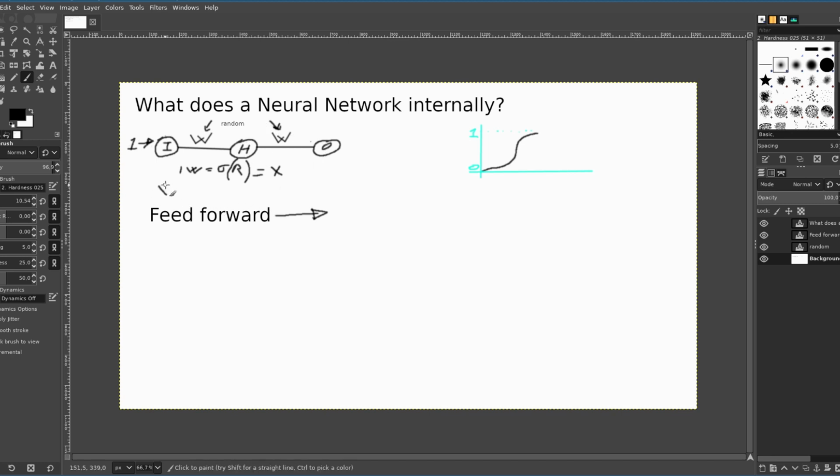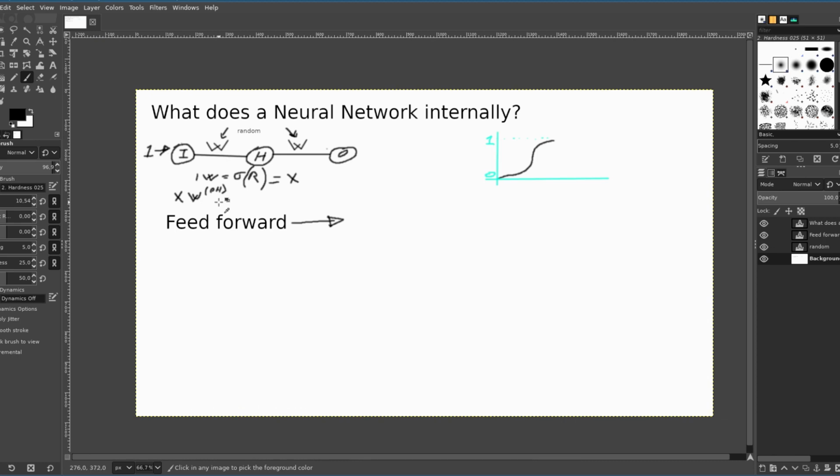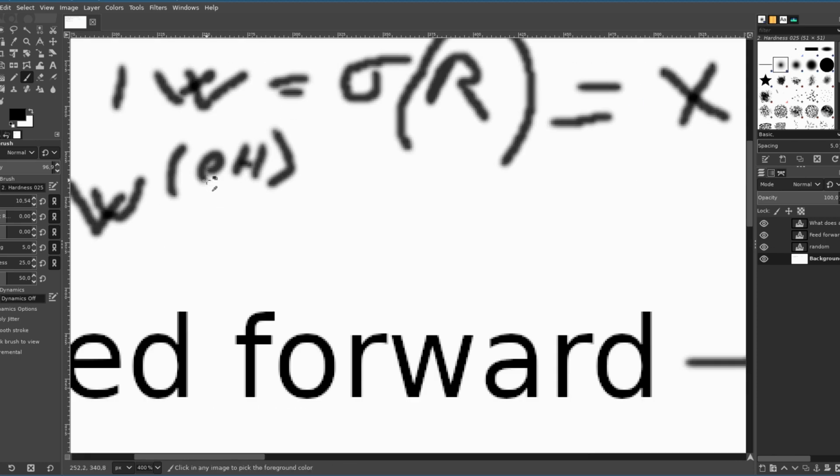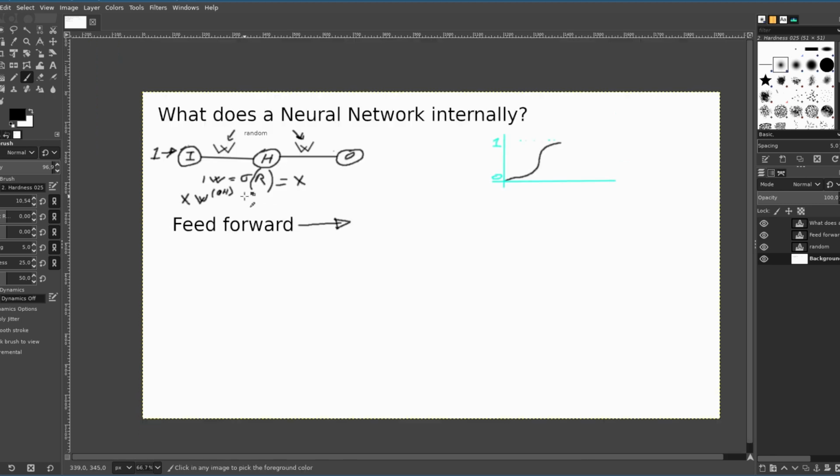So X is then multiplied with the weight between H and O, which is different from the weight between I and H. I am superscripting my weight with O and H to indicate that it is this weight, to differentiate it from this weight.